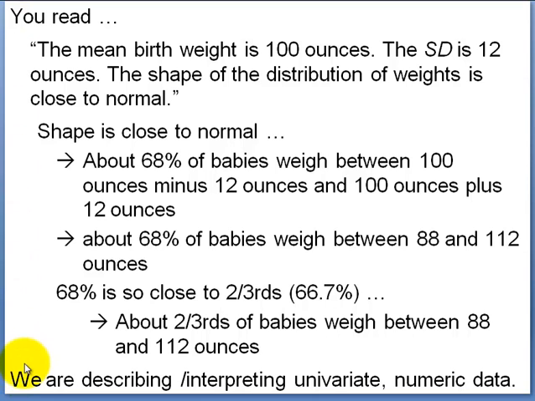I don't have a slide that does so, but perhaps your mind can picture the high point of the curve centered at the mean of 100, and then you'd go away one standard deviation in each direction, and that's the 88 to 112, and about 2/3 of the kids are in that birth weight range. And you'd picture the normal shape too. We've not got any particular skew, so as this distribution is close to normal in shape, it's got a bell-shaped curve to it, and maybe your mind can picture it.